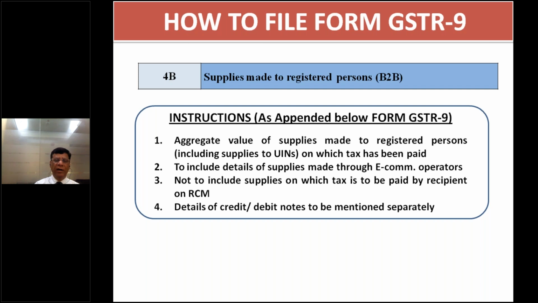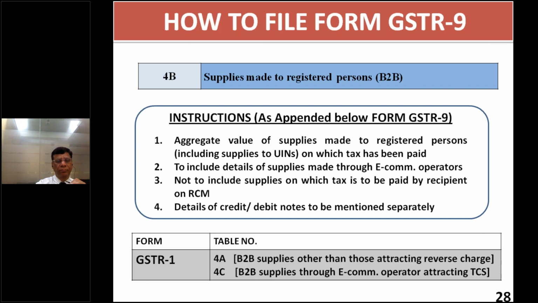And details of credit and debit notes to be mentioned separately. So in case of B2C, I was supposed to net off my credit and debit notes, but in case of B2B supplies, the debit and credit notes are to be given separately. The source of these information are 4A and 4C of GSTR 1.